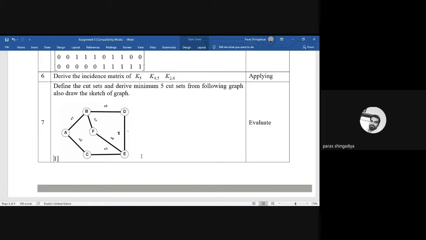Which set of edges did I consider? E1 and E2. That is the set of edges which makes the graph disconnected. That is one condition. And the second condition: this set of edges should not have any proper subset which again makes the graph disconnected.